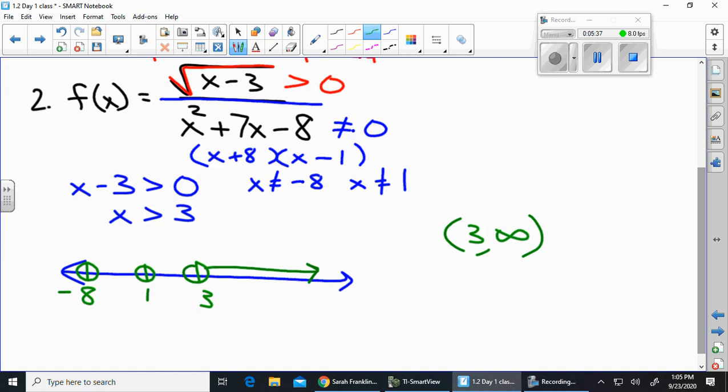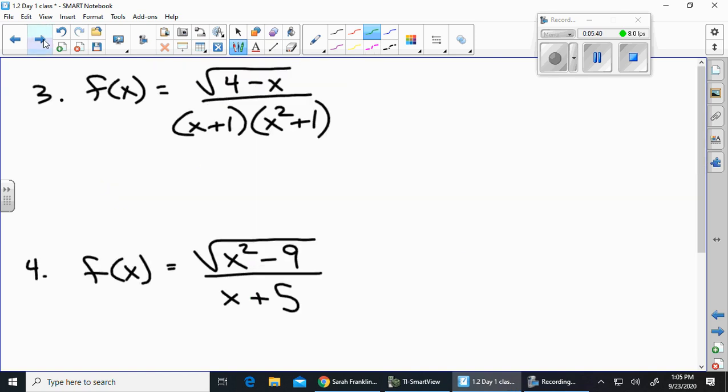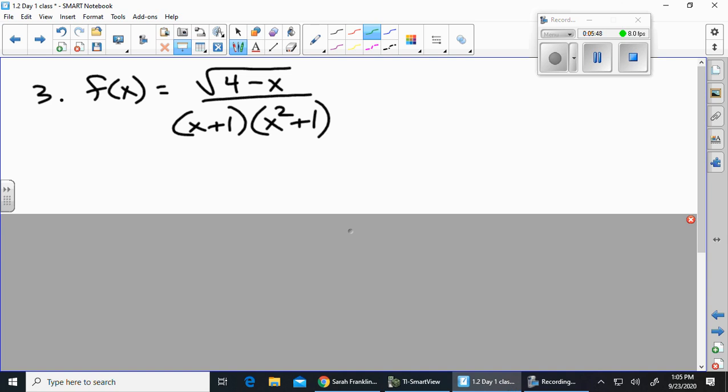So if I go to the next one, sort of the same thing. I have a fraction. So what do I have to think of as a fraction? First thing, the bottom cannot equal 0. The top I usually don't worry about, but I have a radical. And I know any radical has to be greater than or equal to 0.